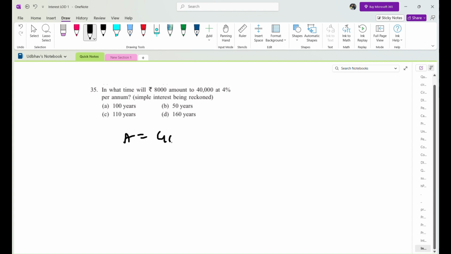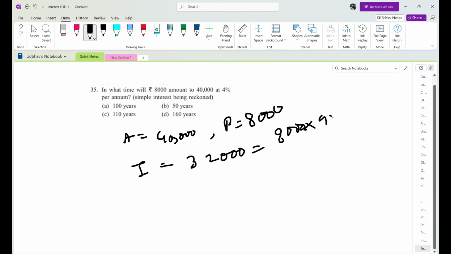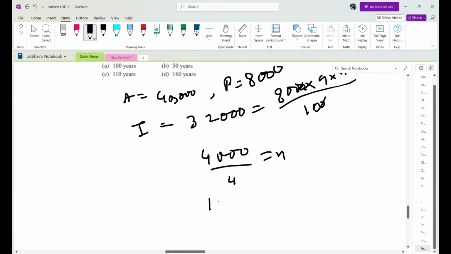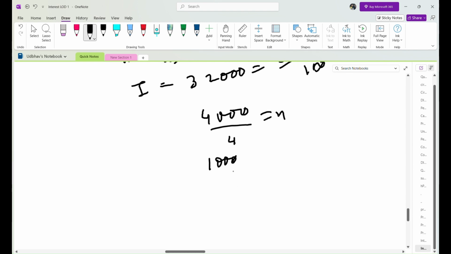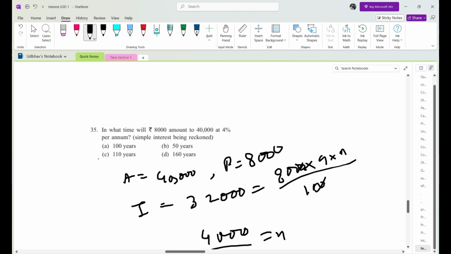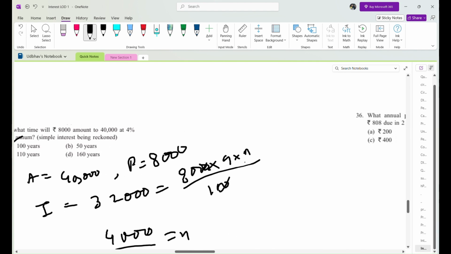So if the amount is 40,000 and the principal is 8,000, the interest will be 32,000, and interest also equals P into R into T upon 100. 32,000 upon 4... 1,000... 100 years.